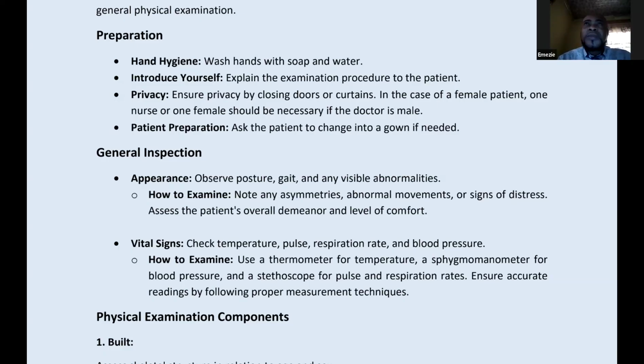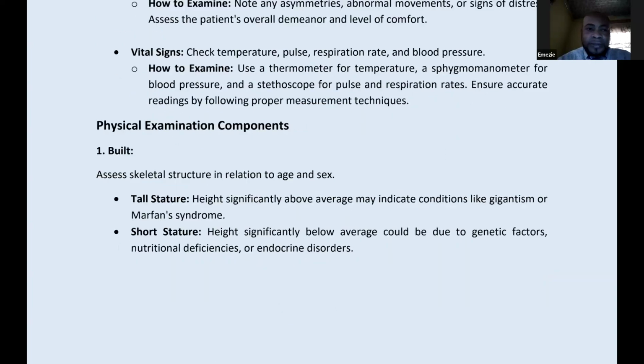We may see some rashes on the patient's body, patches, hyperpigmentation, or areas of redness. Those are the things we are looking for in inspection.